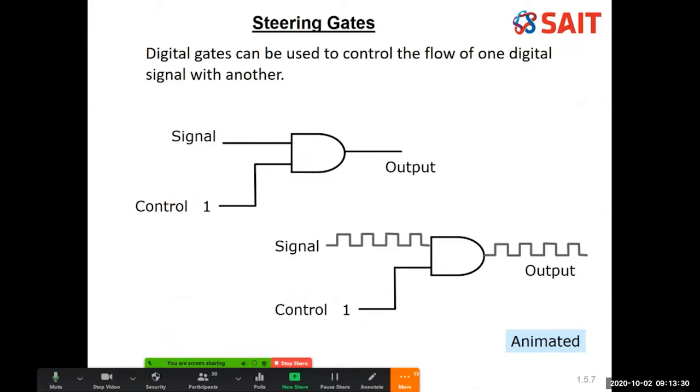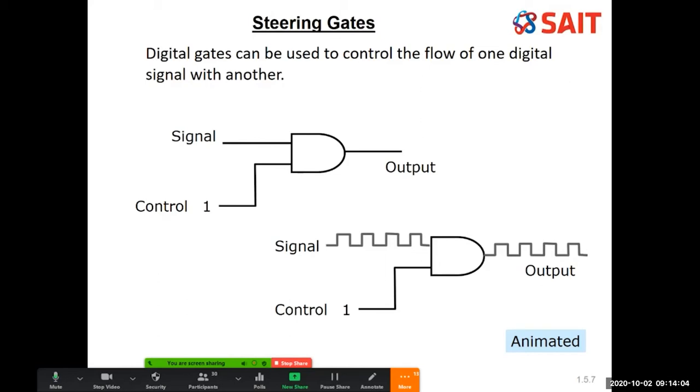If I connect a switch up to one of the inputs, say control 1, and control 1 is low, it doesn't matter what signal is coming into the other input, the output is going to be low. If control 1 is high, the signal coming into the gate is just passed through, because whenever the signal is high and control 1 is high, the output's going to be high. If signal is low and control 1 is low, the output is low.